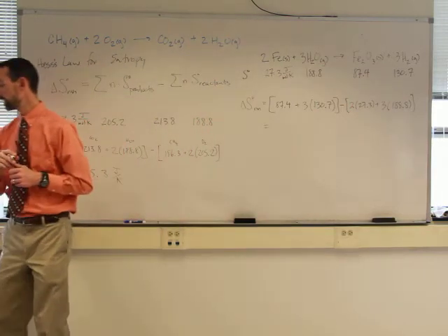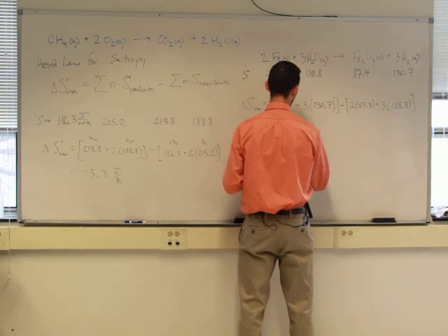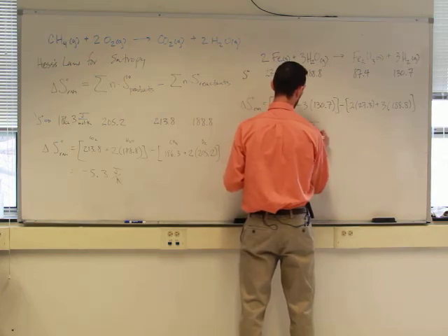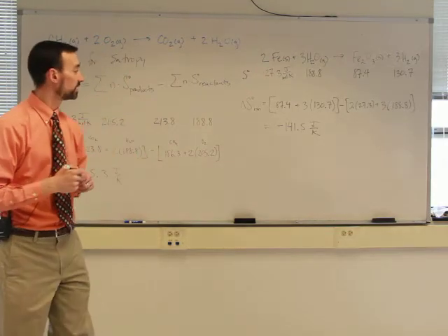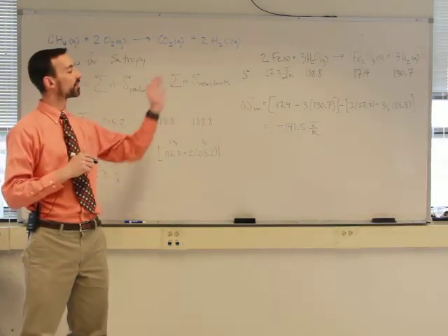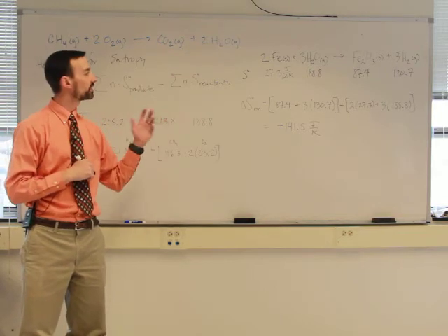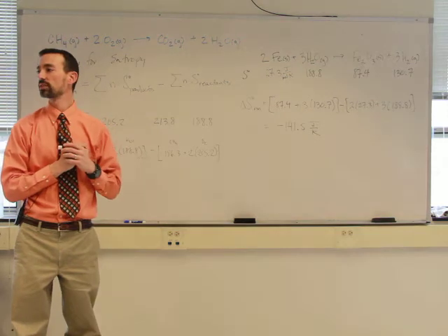So do all that, you get negative 141.5 joules per Kelvin. So this is a negative, as we predicted, a decrease in the entropy moving from the left to the right, primarily due to the loss of a mole of material there.